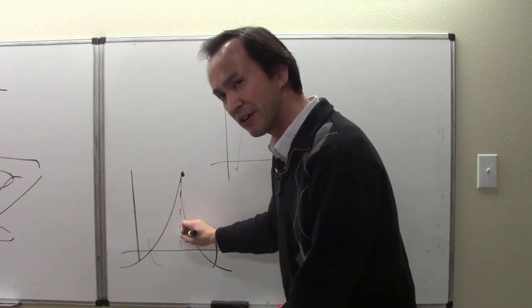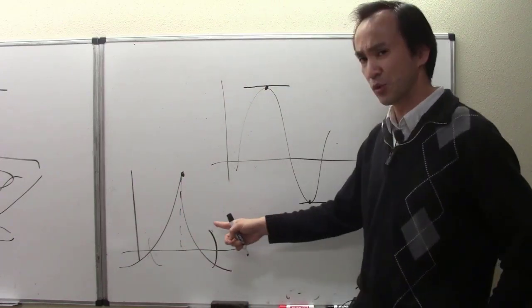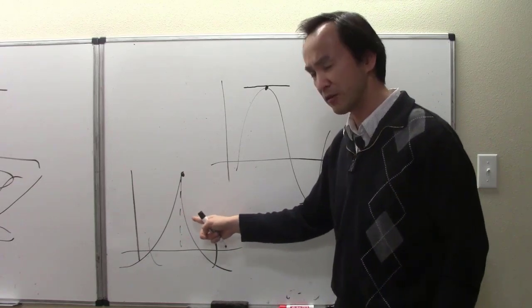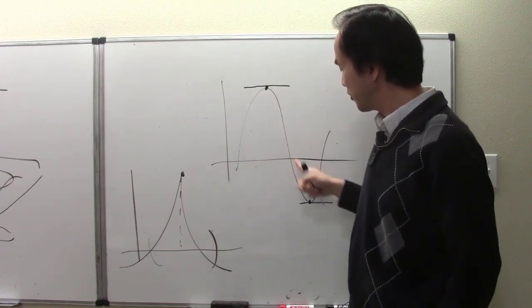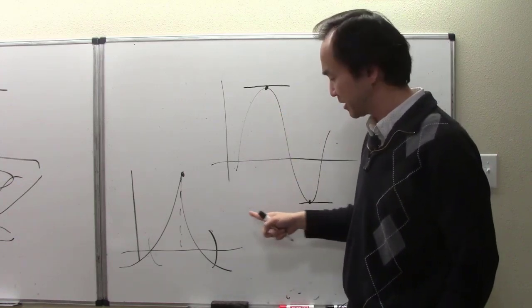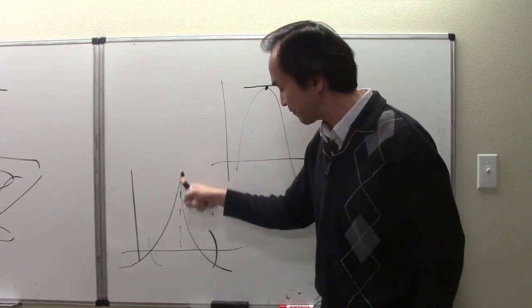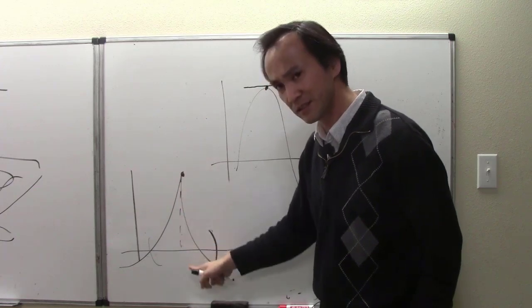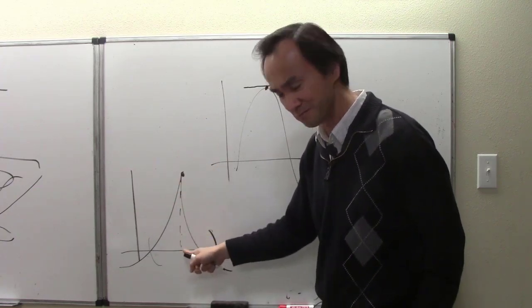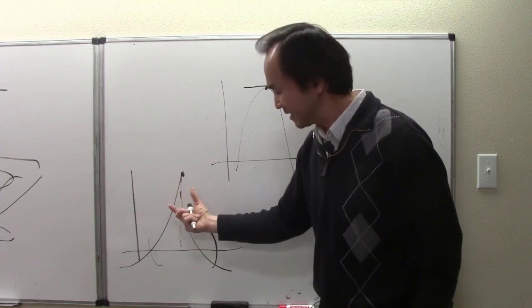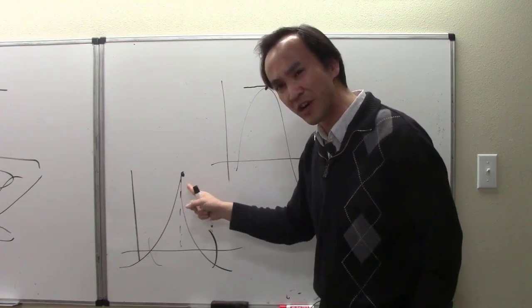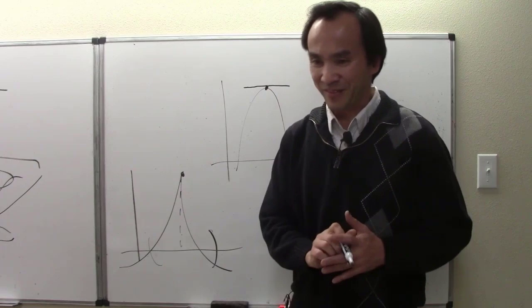So in single variable calculus, a critical point is not only defined as a point where we reach a horizontal tangent line, but also a non-differentiable point like that, where we have a sharp corner, the slope of the tangent line is undefined, the derivative is undefined, and all that.